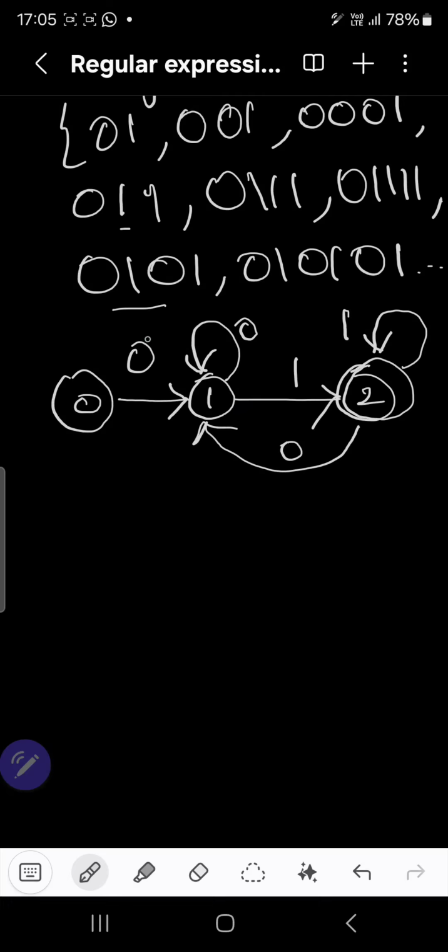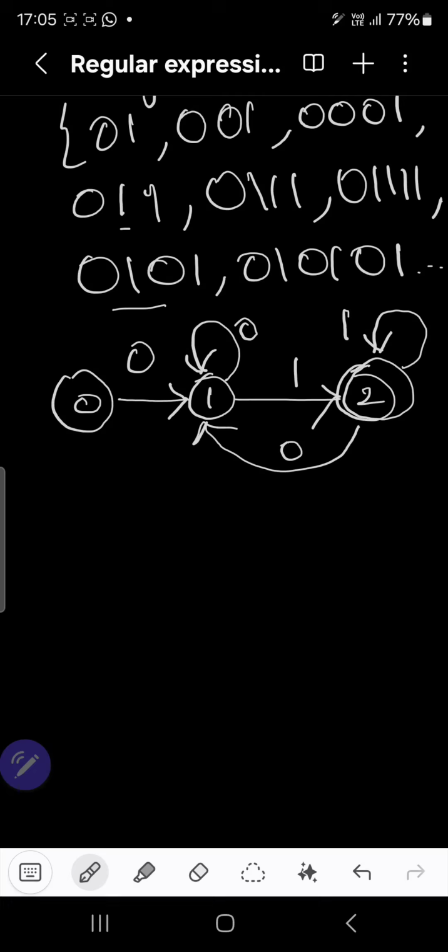So when we see this, on input 0, the first character is 0, it goes from state 0 to state 1. The second character is a 1. So the transition is from state 1 to state 2. The third character is 0. It goes from state 2 to state 1. Again, the fourth character is a 1. It goes from state 1 to state 2. Finally, it is the accepted state.